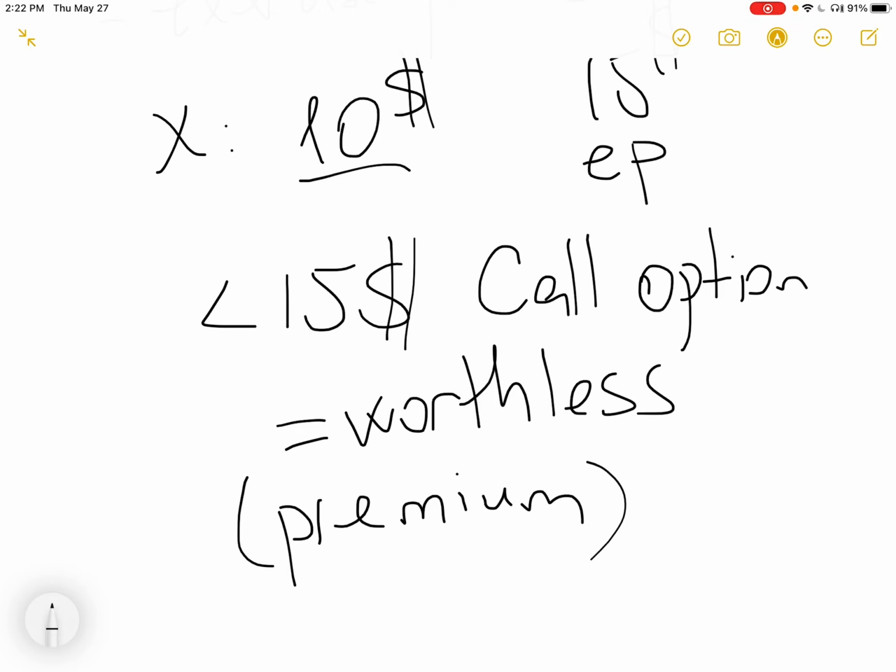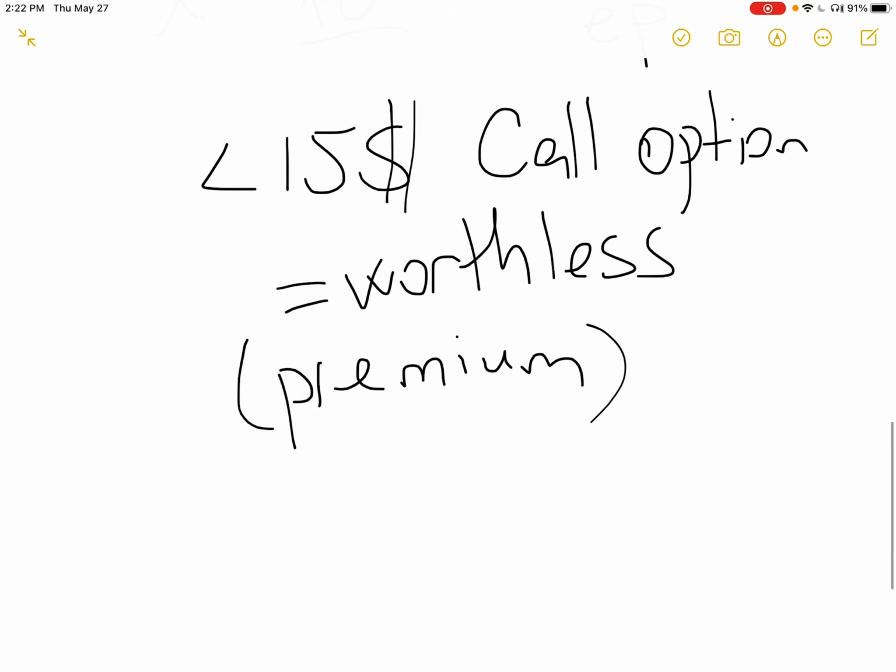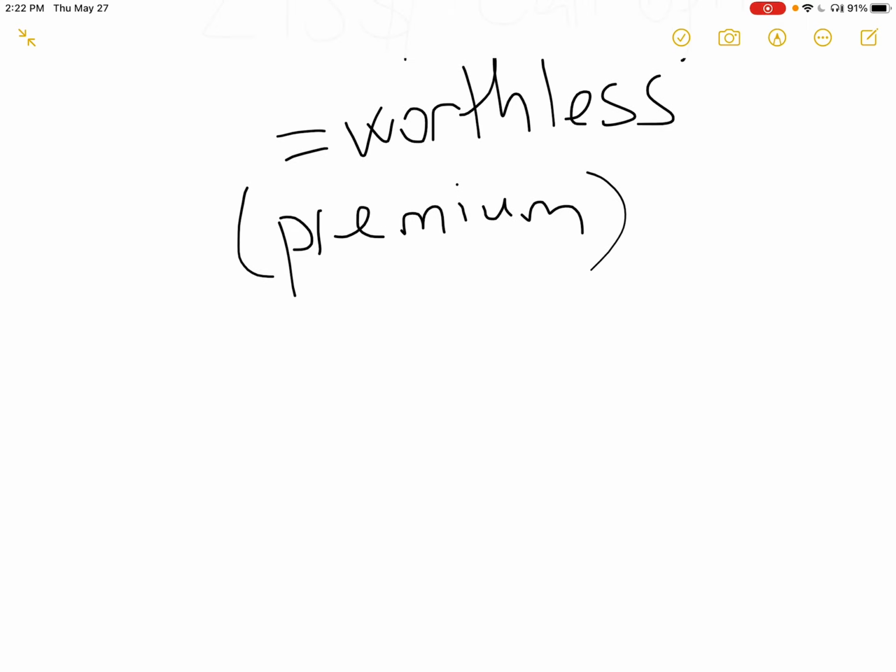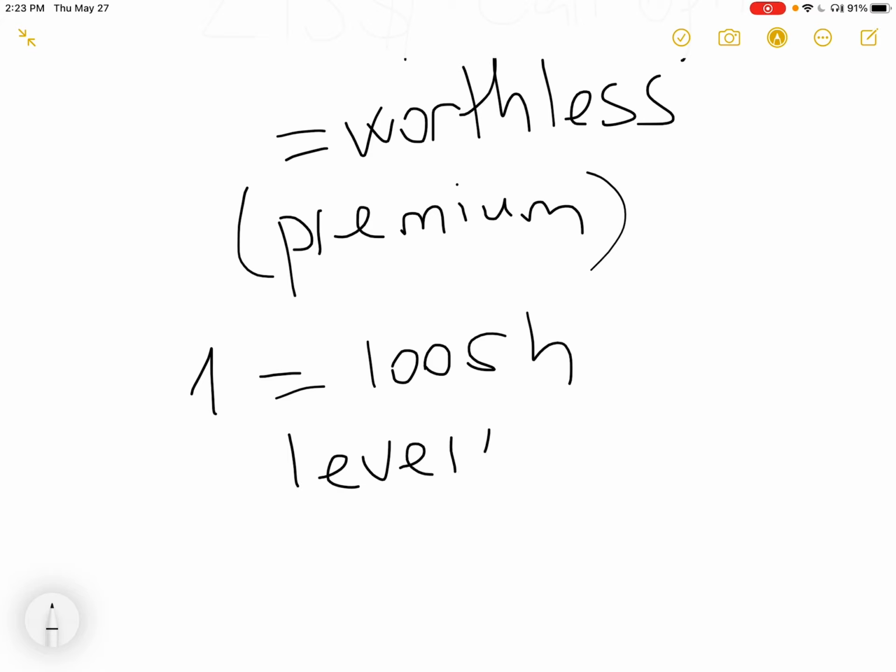One thing good with options, or a couple of things that are good with options. First of all, it's a cheaper way of speculating on whether a stock will go down or up. Also, because one contract equals 100 shares, there's leverage built into this from the get-go.